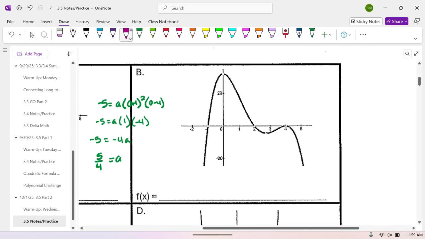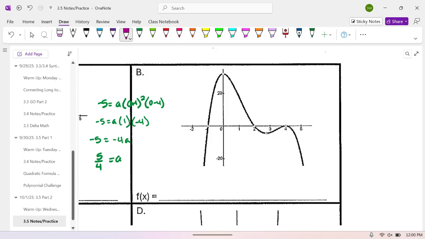All right, let's do one more in this section. Same thing we just did. We're going to figure out if it's an odd or even function, and then whether the a value is going to be positive or negative. So what do you think? Is it odd or even? Dylan P. Let's look at the tails. Are they going in the same direction or opposite directions?